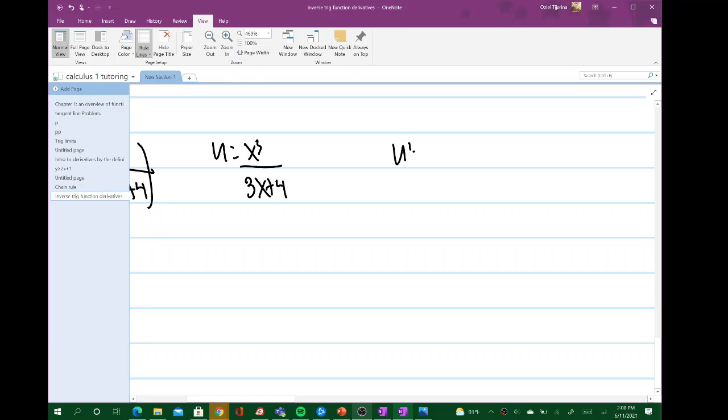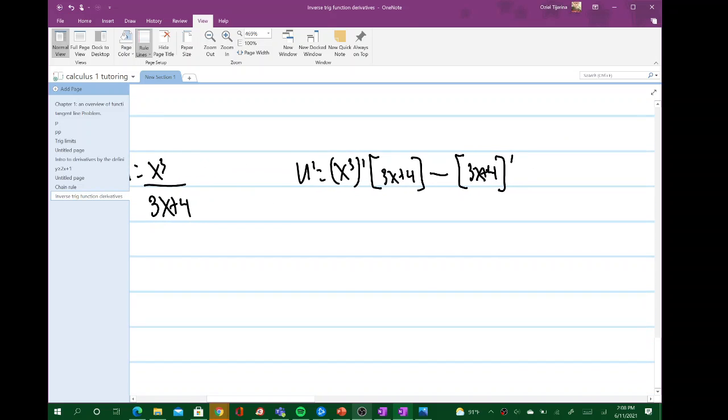So u prime is going to be x cubed prime times 3x plus 4 minus 3x plus 4 prime times x cubed. I'm using the quotient rule here, all over 3x plus 4 quantity squared.